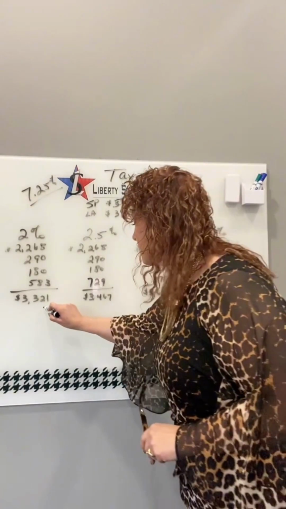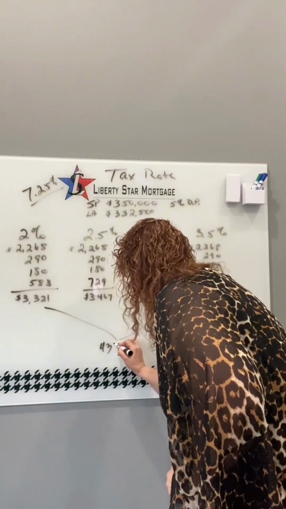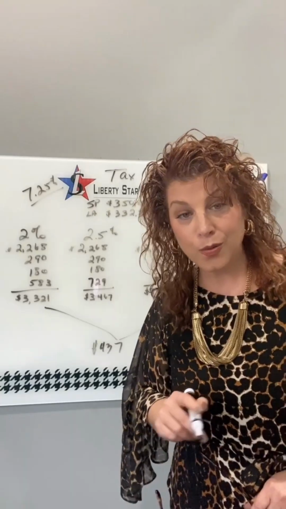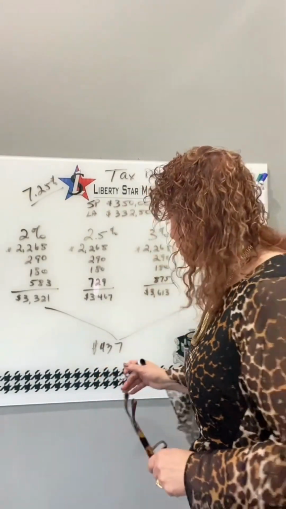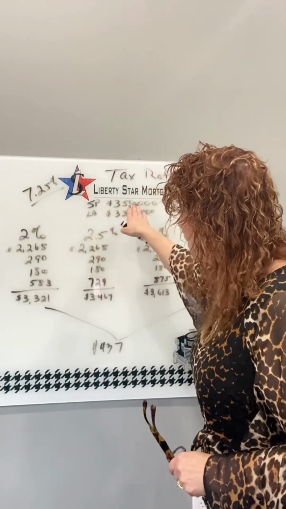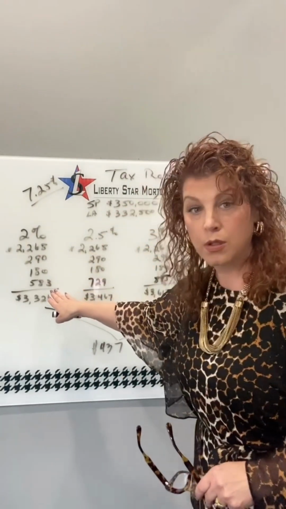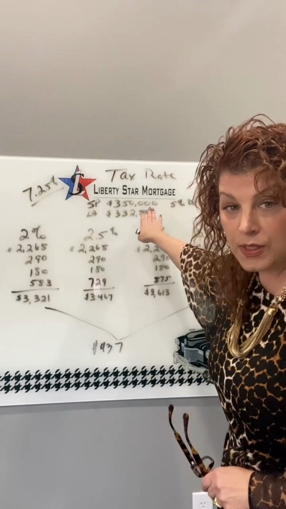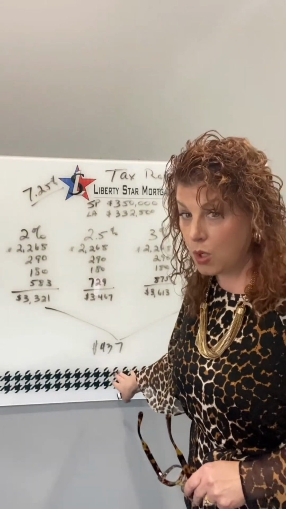So what is the difference between these two tax rates? It's $437. Now, I don't know about you, but that's like a little car payment. So you can have this $350,000 house in this subdivision with a car, and you can have this $350,000 house in this subdivision and just have a house, have no car.